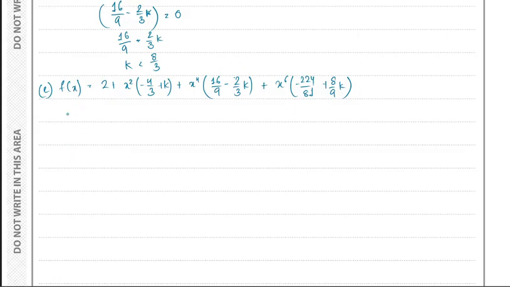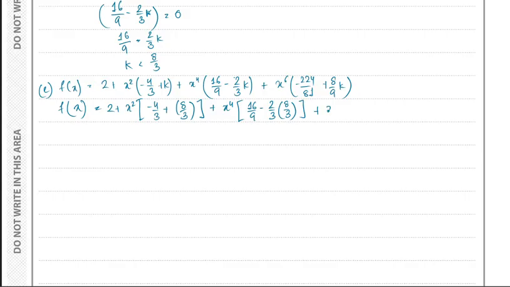So f(x) is 2 plus x squared times (minus 4 by 3 plus 8 by 3), plus x to the power 4 times (16 by 9 minus 2 by 3, k was 8 by 3), plus x to the power 6 times (minus 2 to 4 by 81 plus 8 by 9, k is 8 by 3).